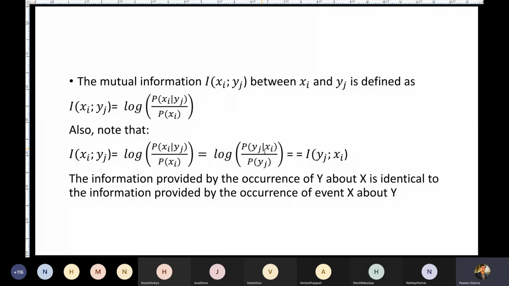You can interchange this: given Xi, probability of Yj. So the information of Xi given Yj is equal to the information with regards to Yj given Xi. This is the relationship. The information provided by the occurrence of Y about X is identical to the information provided by the occurrence of event X about Y. Are we good, students?